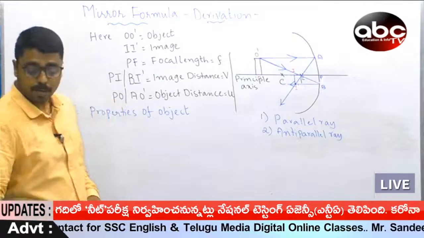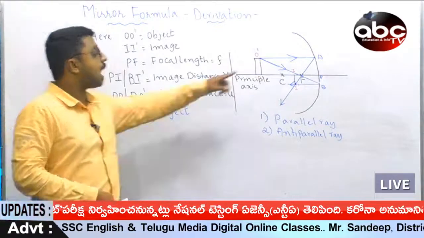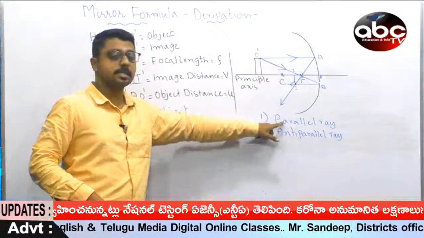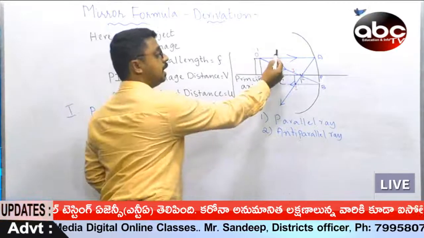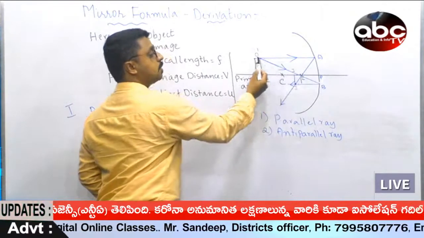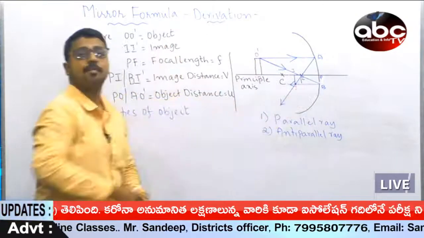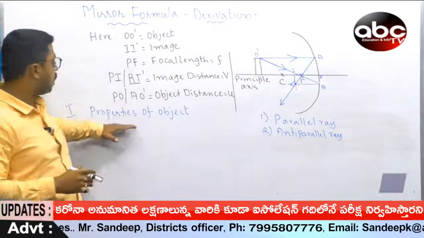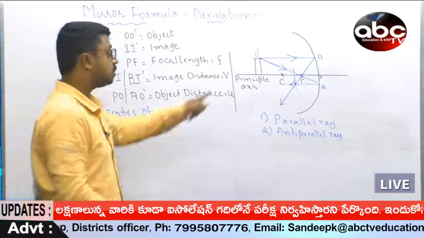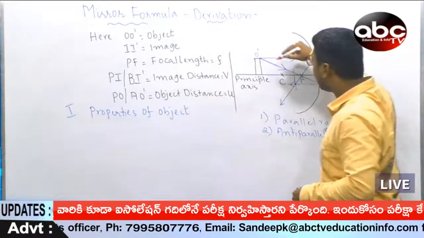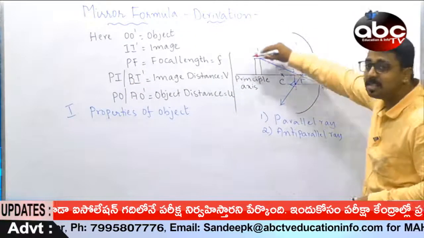How are we going to observe the properties of the object? By seeing the rays, where the rays are coming from. Of course, here ray 1 is coming from this object, ray 2 is coming from that object. First, in order to analyze the properties of the object, I am taking help. Once you observe, dear children, we are able to form triangles here.